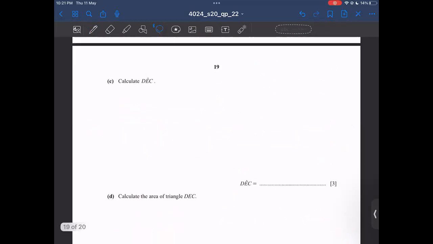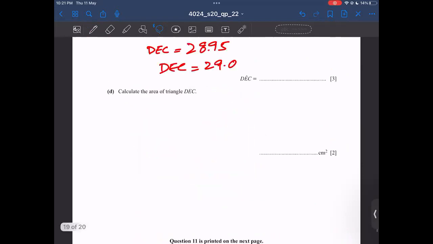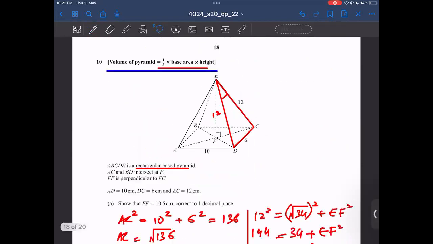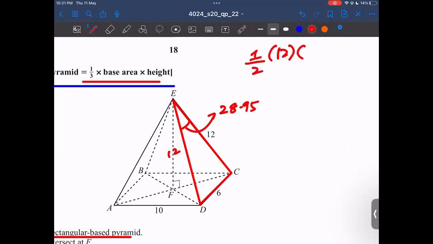So I'm just copying down over here. All right. It says find the area of the triangle DEC. We need to find the area of this triangle DEC. Since we have got the angle 28.95, in order to find the area, it is half the product of two adjacent sides and the sine of the angle between them.